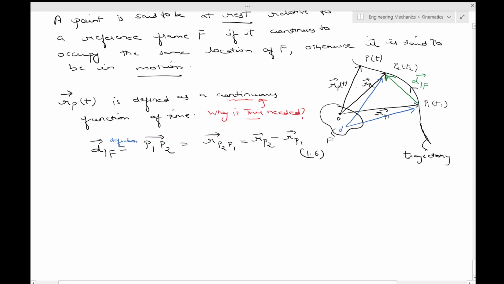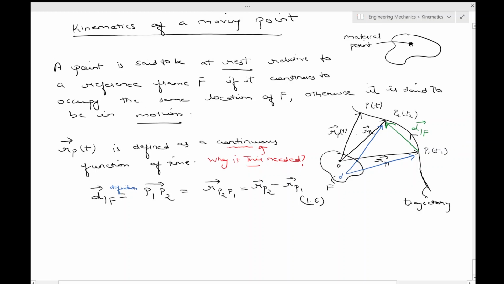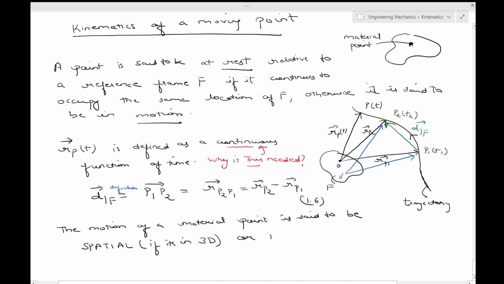One of the other definitions which you should know is that the motion of a material point, since we are discussing the movement of a material point, is said to be spatial if it's in 3 dimensions or planar if it's in 2 dimensions.